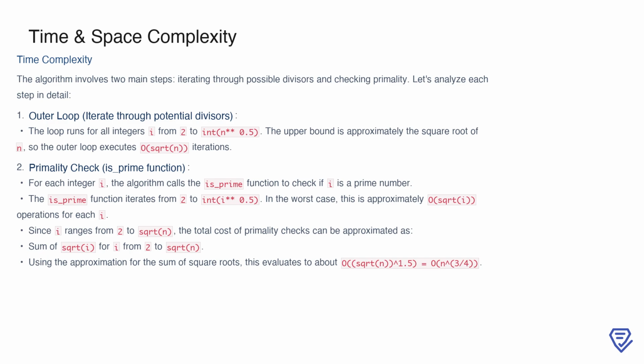When we combine these, the total cost of all primality checks can be approximated by summing sqrt(I) for every I between 2 and sqrt(n). Using mathematical approximations for this summation, the total cost evaluates to about O(n^(3/4)). This means the primality checking step dominates the time complexity of the algorithm.